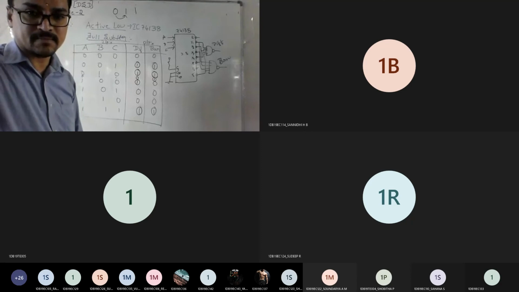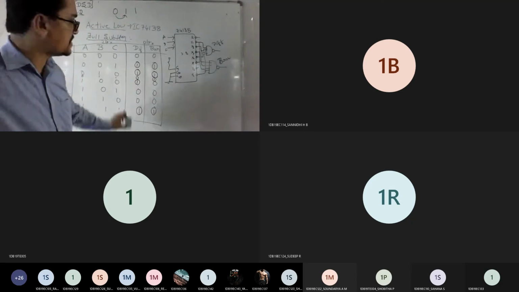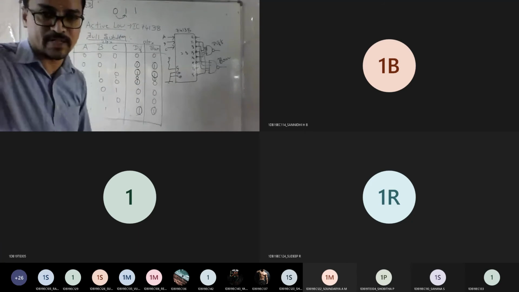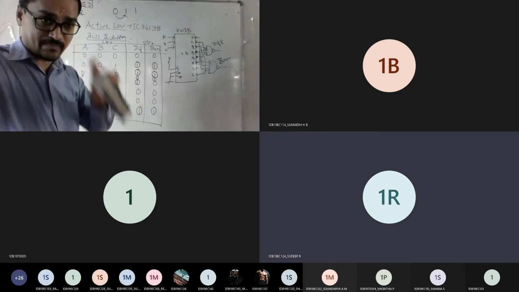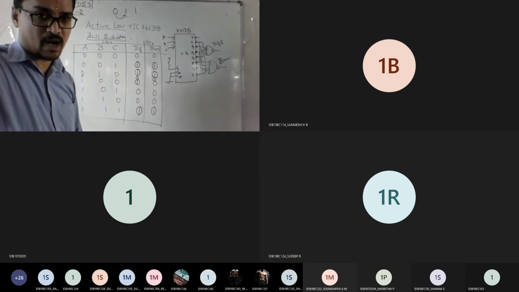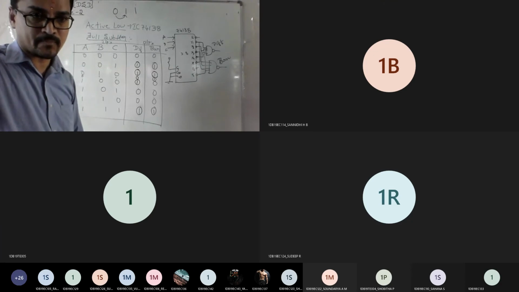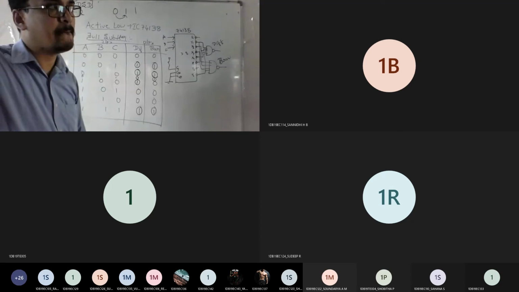Is it fine to everyone? If they give specifically summation or pi, then follow the rules we did last class. So this is for generalized problems like full adder and full subtractor. Still any doubts on how to build a full subtractor?